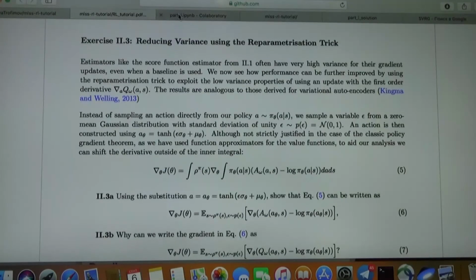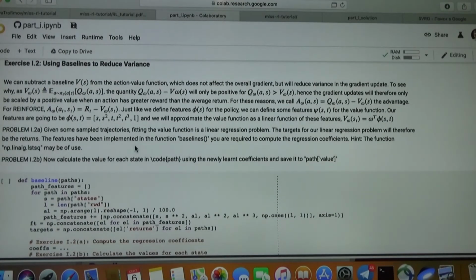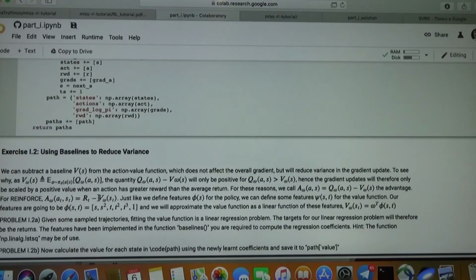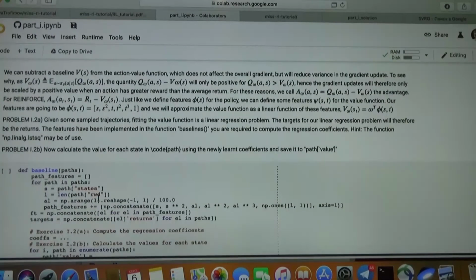So what we do in reinforcement learning is subtract the value function from the reward and reduce its noise. So we make the gradient of the policy pi less noisy by reducing its variance.